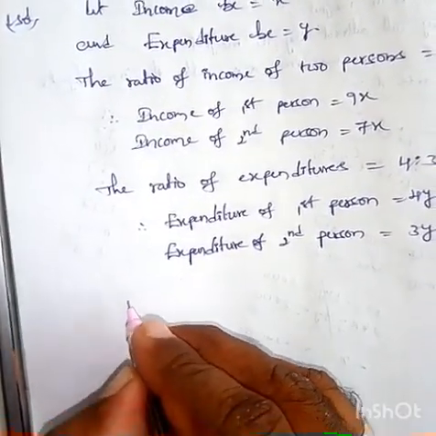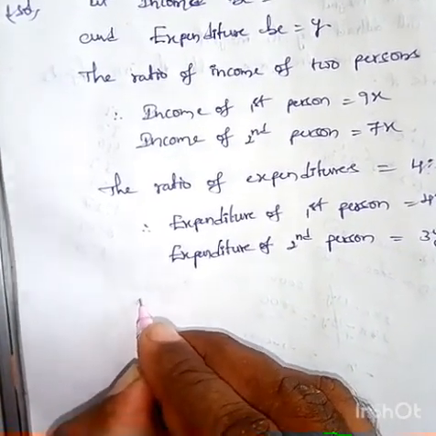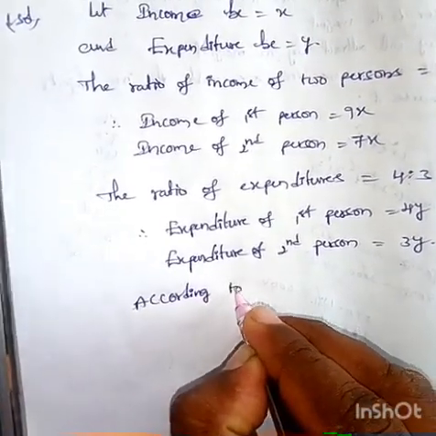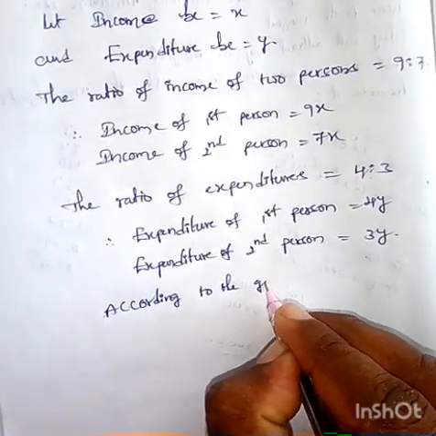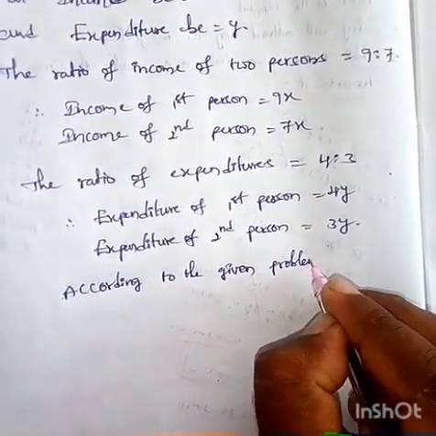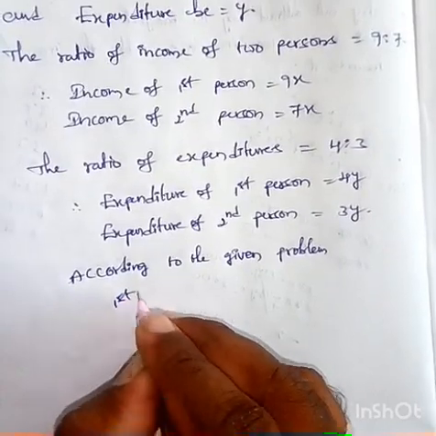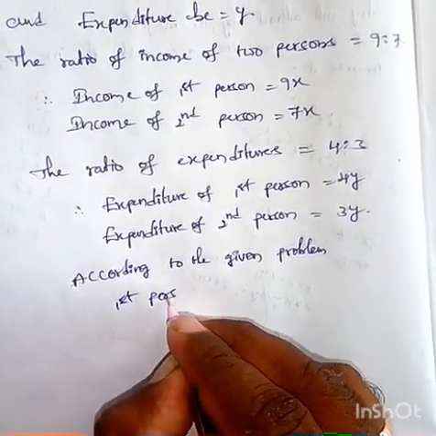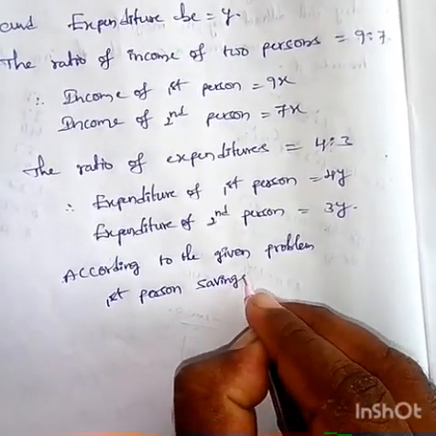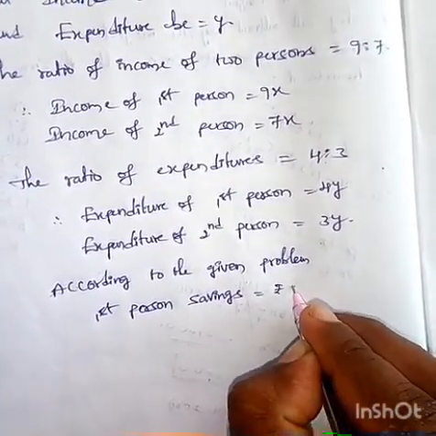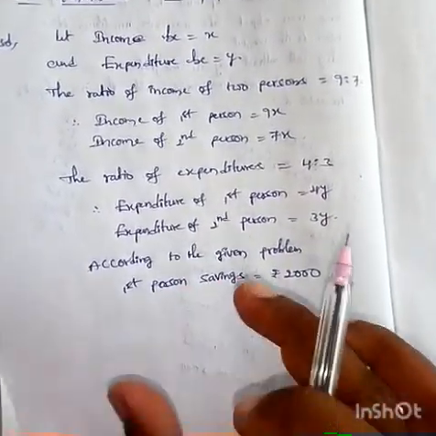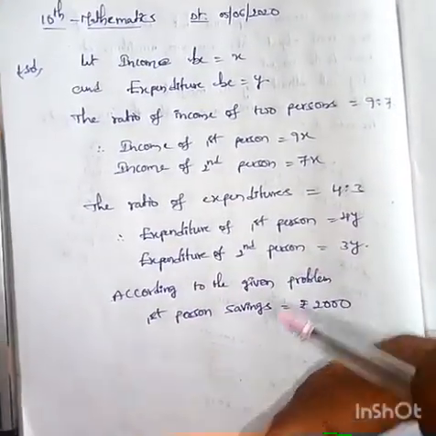So let me write here. According to the given problem, first person savings equal to 2000 rupees. That is, we have to subtract his expenditure from his income.